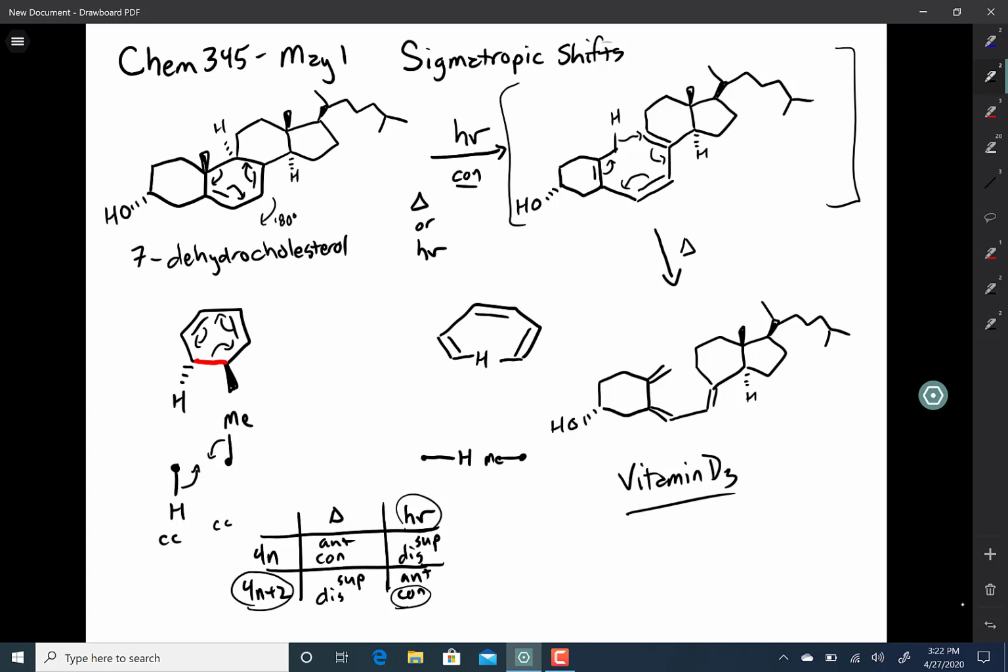Okay, now this reaction of irradiating, creating vitamin D3, is of particular importance to the University of Wisconsin because of Harold Steenbock. You might be familiar with his last name. There's a restaurant named after him. There is a library named after him. But essentially, he's one of the reasons, actually, if not the reason, that Wisconsin is the research powerhouse it is.